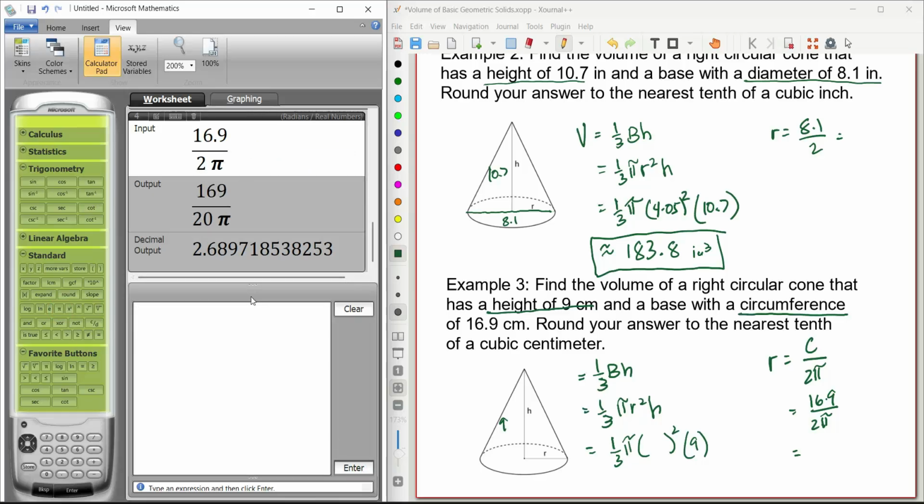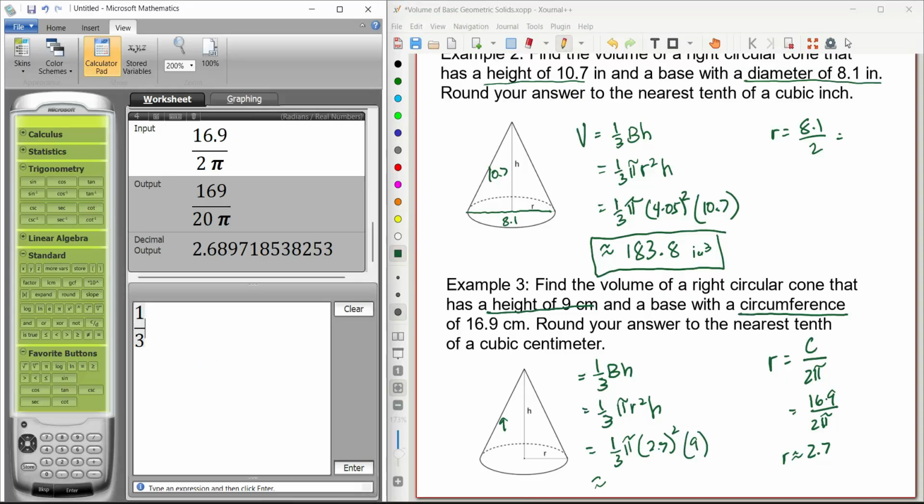So that's approximately 2.7. Okay, approximately 2.7. That's the value of our r. And all we need to do is to put that here, 2.7 squared. So now we were able to set up the problem, and everything that we need is already here. That's 2.7 and then the 9.